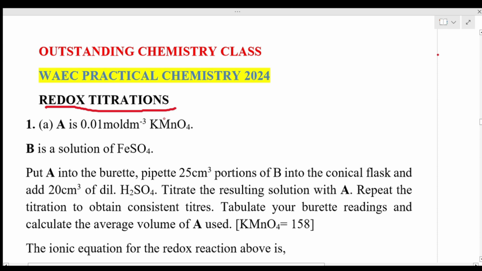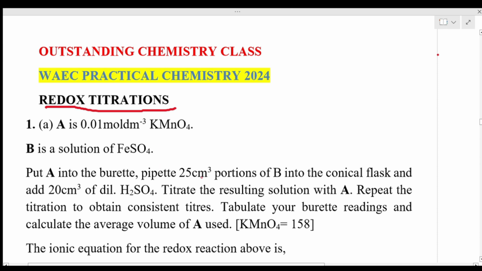I have some questions that were prepared that we can use to learn, even though we are not conducting it live on this channel. The question of titration says A is a solution of 0.01 mole per dm3 of KMnO4, and B is a solution of FeSO4.